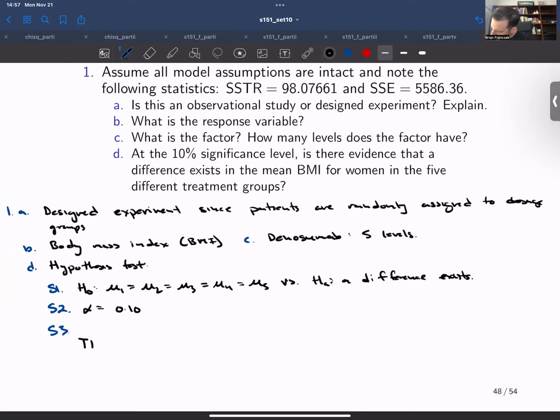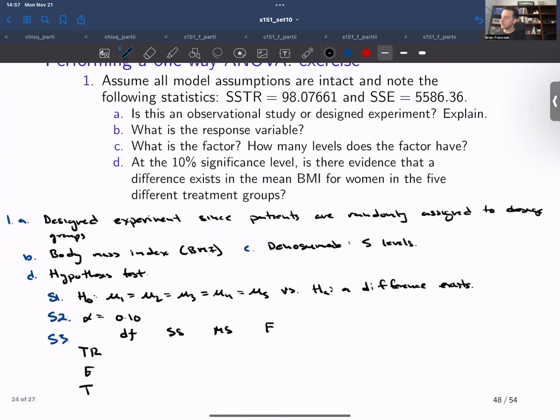So an ANOVA table takes our 3 sources of information, which are the treatment, the error, and the total. We compute the degree of freedom for each. We compute the sum of square for each, the mean square for each, and then the F value. Okay, in this question, we are told sum of square treatment is 98.07661.